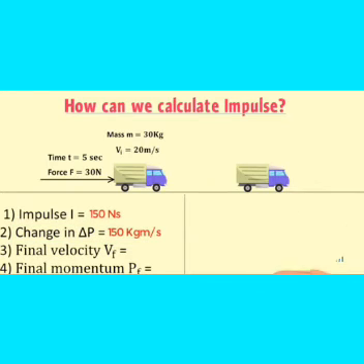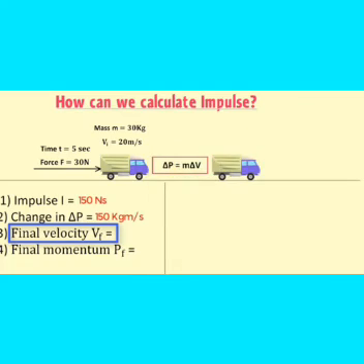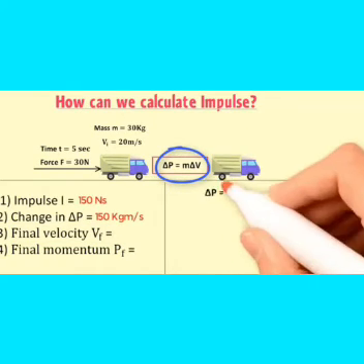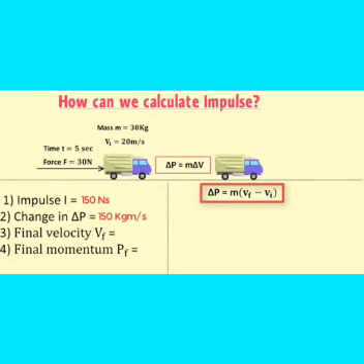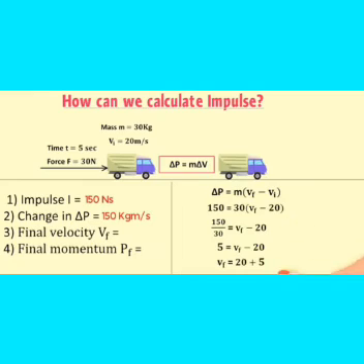Now let me calculate the final velocity. We know that change in momentum is equal to mass into change in velocity. Change in momentum is equal to m into Vf minus Vi. Thus, 150 kg meter per second is equal to 30 kg into Vf minus 20 meter per second.